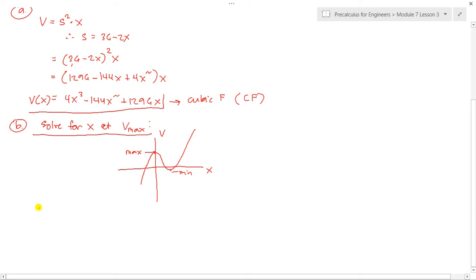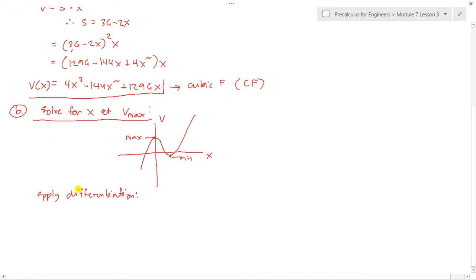So again, in order to solve for this type of problem, we apply differentiation, to get the maximum and minimum values, our V max. Okay, applying differentiation. That is the derivative.